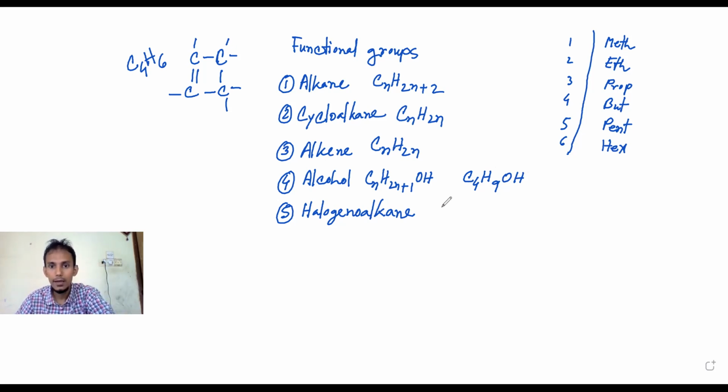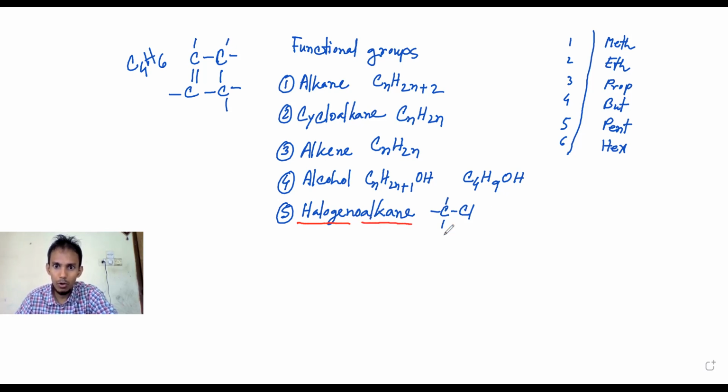Halogenoalkane. Why are they halogenoalkane? Because they are alkane. In an alkane, if one of the hydrogen is replaced by a chlorine or bromine or fluorine or iodine group, then it is a halogenoalkane. Why are we saying halogenoalkane? Because it is a mix-up of 2 things: one halogen, one or more, and then alkane.